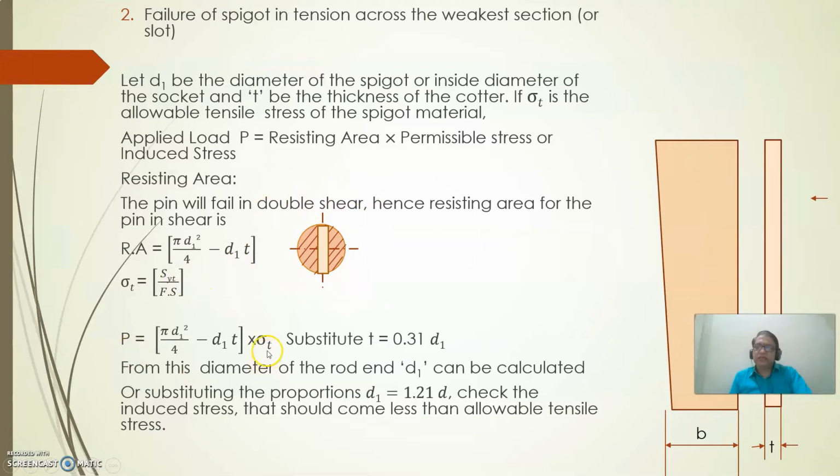Area multiplied by stress, where t, the thickness of the quarter, is usually 0.31 times d1, and d1, the diameter of the spigot, is 1.21 times the diameter of the rod end. The rod end diameter is calculated by means of tensile calculation.